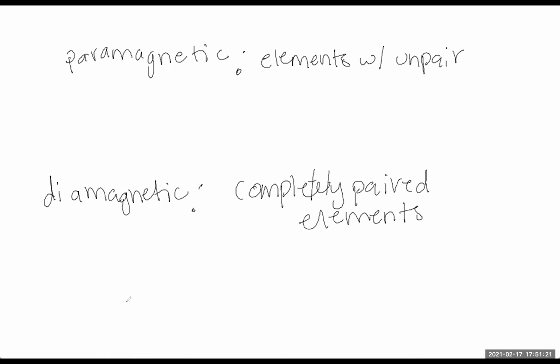So if we take a look at the previous question that we did, so we had this. Would you say that this is a paramagnetic element or a diamagnetic element, and why?